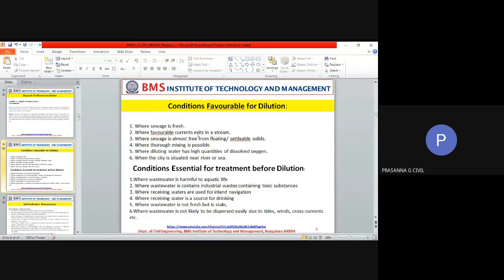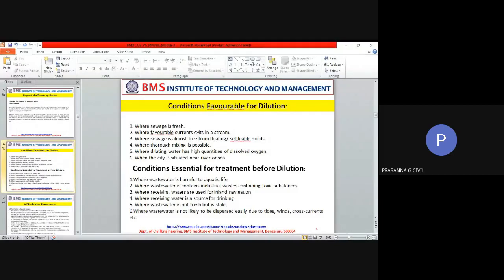Next, the sewage should be free from floating and settleable solids. Here we will talk about oil, grease and heavy organics, which will always be settling at the bottom. Remember when I showed you the picture of an oxidation pond? I told you that when substances settle at the bottom, chances for anaerobic conditions to develop are much higher.